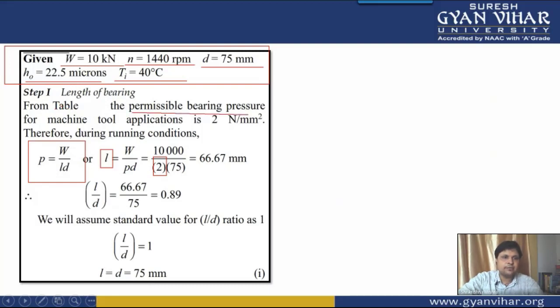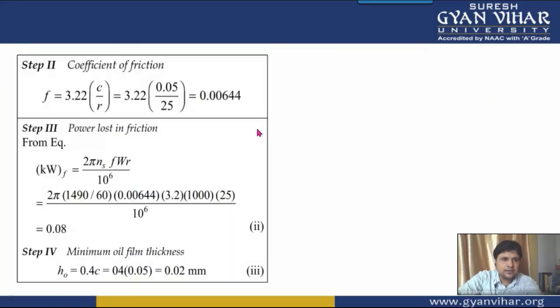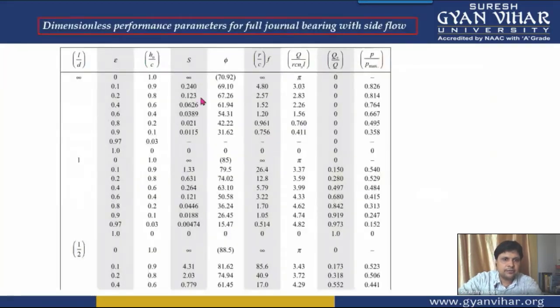The permissible bearing pressure for machine tool application is 2 Newton per mm square. This I will show you, this is the table from which we have taken the value of permissible bearing pressure.